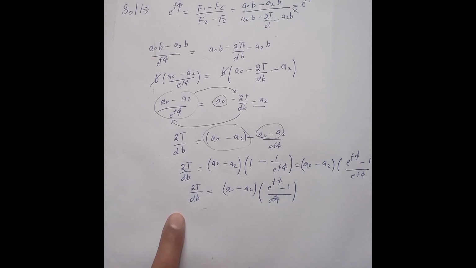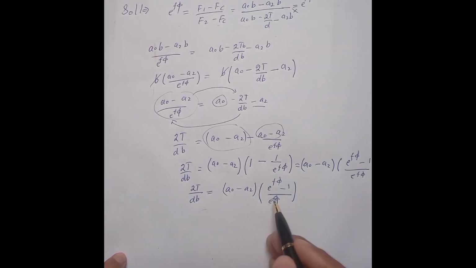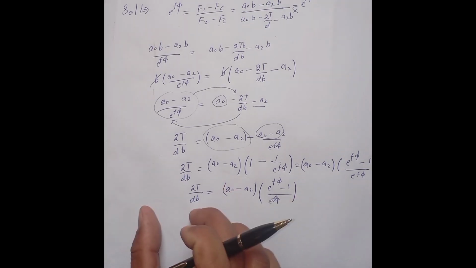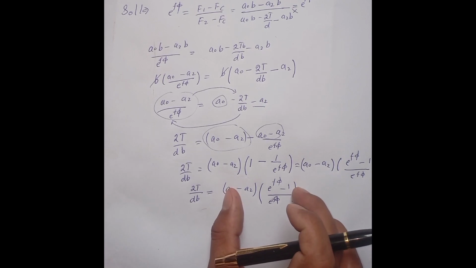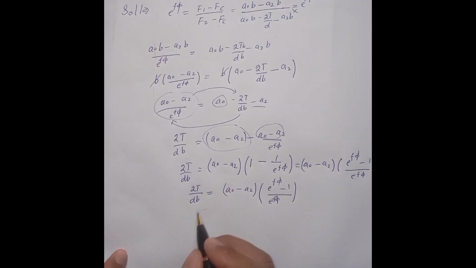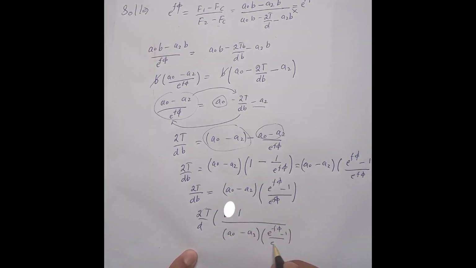Now what you can do is multiply this b over here and bring this whole term onto the left side of the equality by dividing this term on both sides. So you are going to get 2T by d into 1 over this term, that will be equal to b.